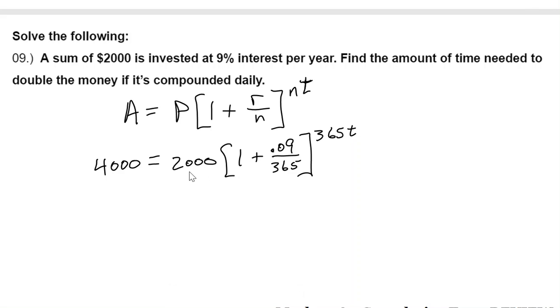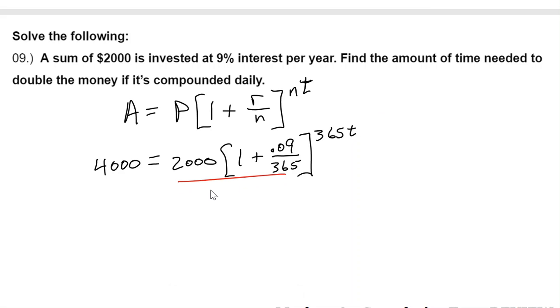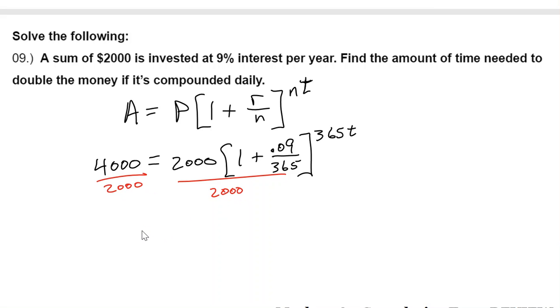So we're first of all going to divide both sides by 2,000. That's going to give us 2 equals, and I'm going to go ahead and figure out what that is as a decimal: 0.09 divided by 365.